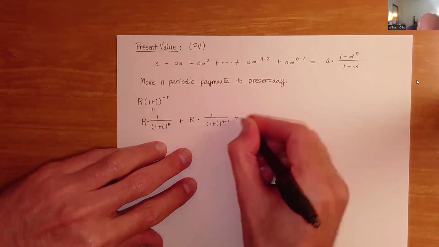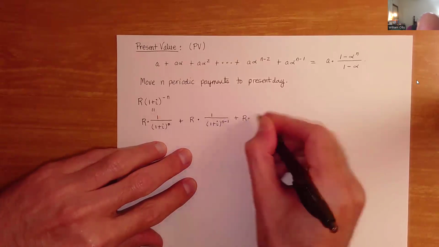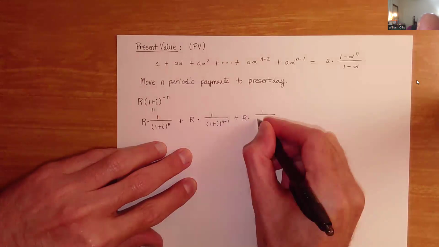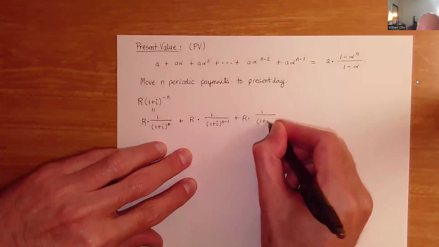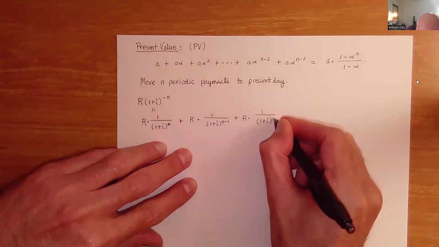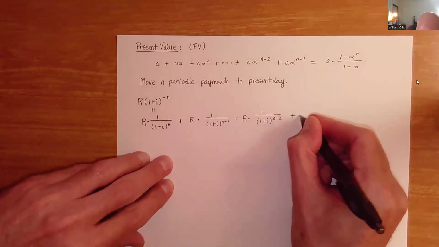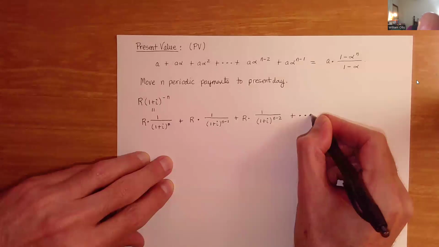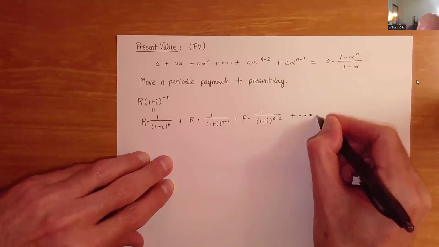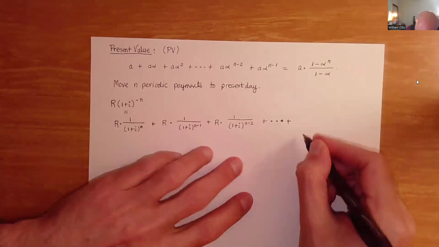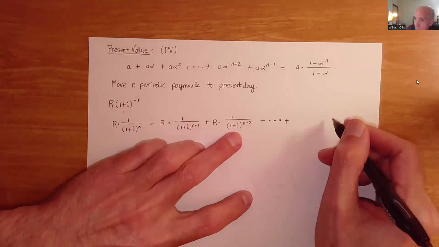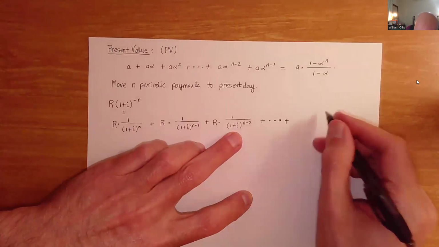We'll write another term just for completeness. So we're using the compound interest formula to move to present day. And then dot, dot, dot. So we'll do the second to the last if you want.